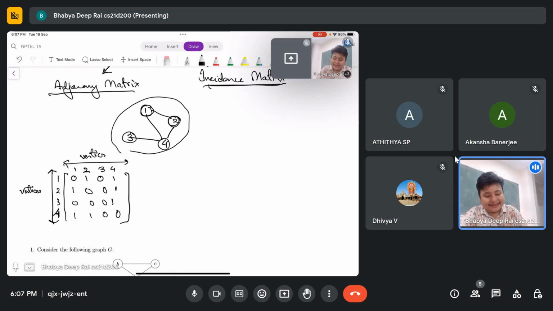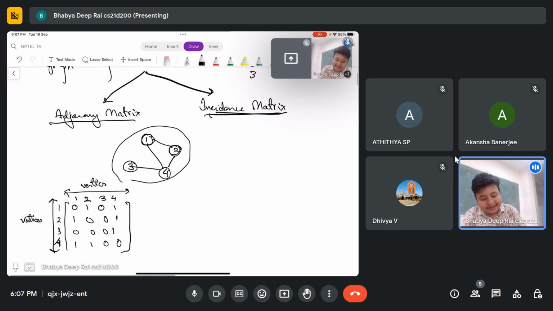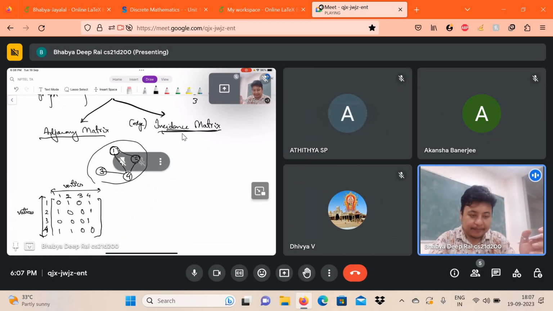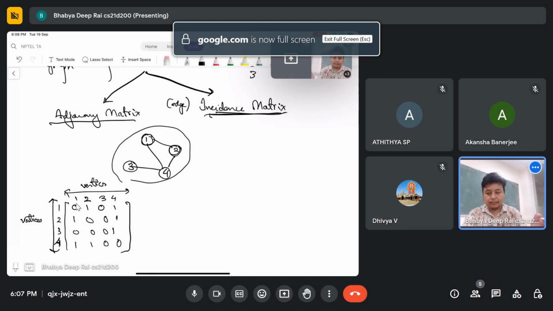But what is an incidence matrix? An incidence matrix is sometimes also called the edge incidence matrix. An edge incidence matrix does not talk about relationships between vertices directly. Rather, we choose to represent our edges. What do I mean by that?